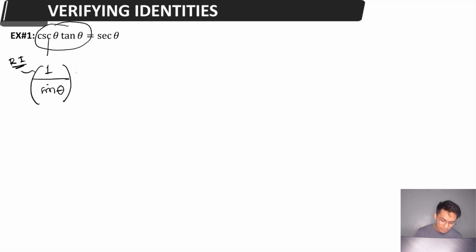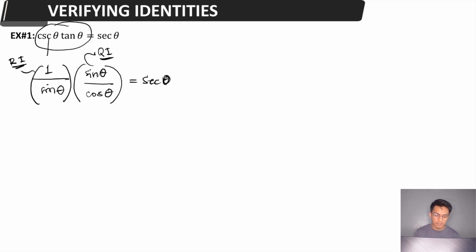So, sa tangent theta naman, we will use the quotient identity. So, tangent theta is equal to sine theta over cosine theta. So, this is from the quotient identity na tinatawag natin from the fundamental trigonometric identities natin. And this is equal to secant theta.